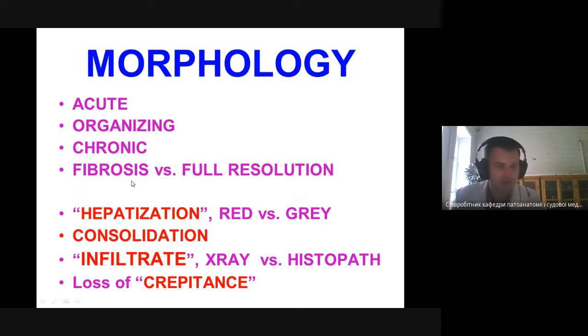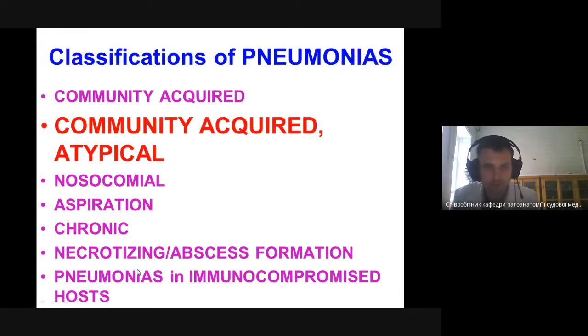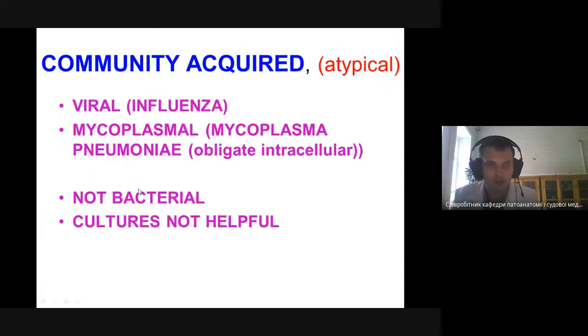Another result is fibrosis, sclerosis, fibrosis of lung tissue. Typical with viruses, with mycoplasma, non-bacterial cultures are not helpful. These bacteria or viruses don't grow in the clinical laboratories.